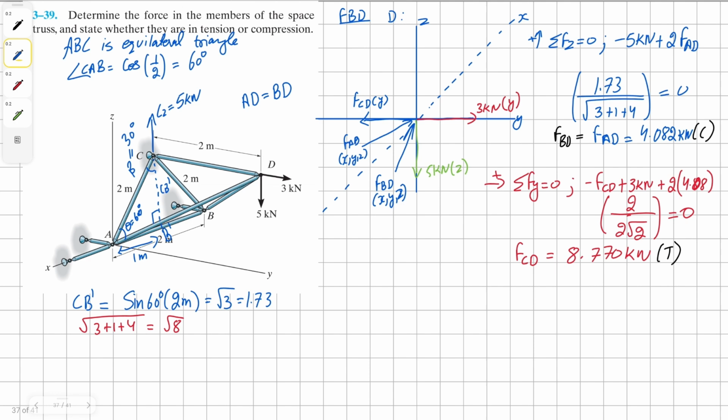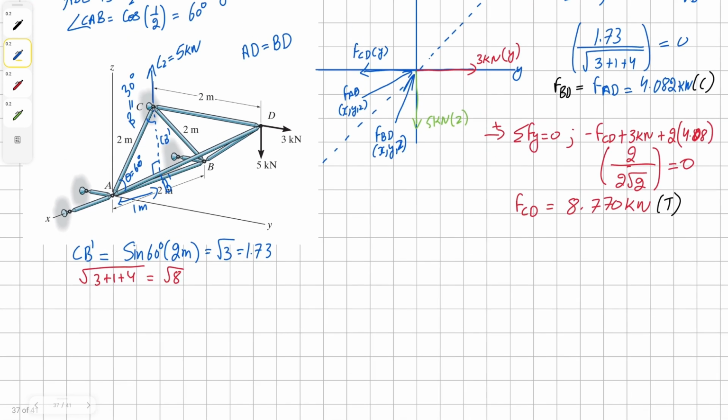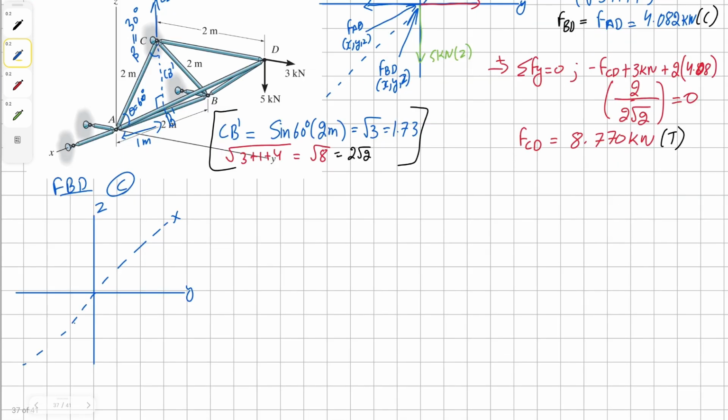Now we can proceed to our joint C. At joint C, we have force CA acting along the x-axis and projecting along x and z. Then we have our other force CB, and it's projecting along x and z.